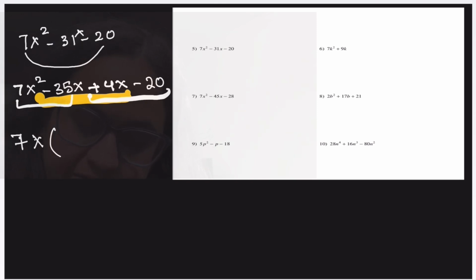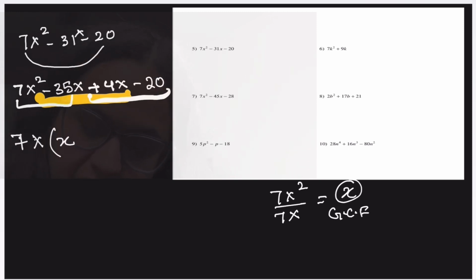Now the first term is 7x squared. If you divide this by 7x, which is your GCF, what are you left with? You will be just left with an x, and that's what we will write inside of this parentheses. Similarly, 35x over 7x just leaves us with 5. So I'm going to go ahead and write 5 and put the negative sign in between.